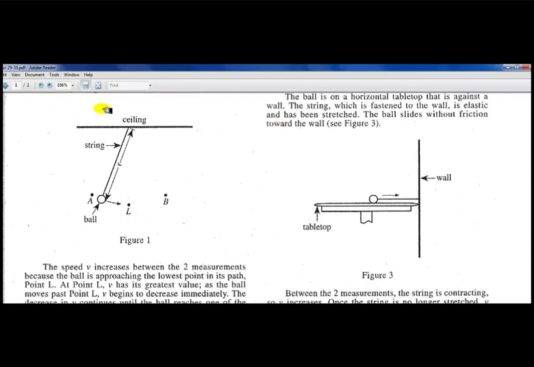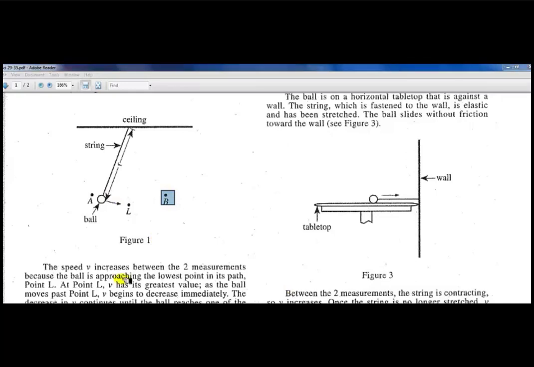In figure 1 we have a ceiling, a string with a ball on it, and the ball is stopped. They let go. It swings to the bottom here. And then from the bottom, it swings back up here and is stopped again before it would swing backwards.